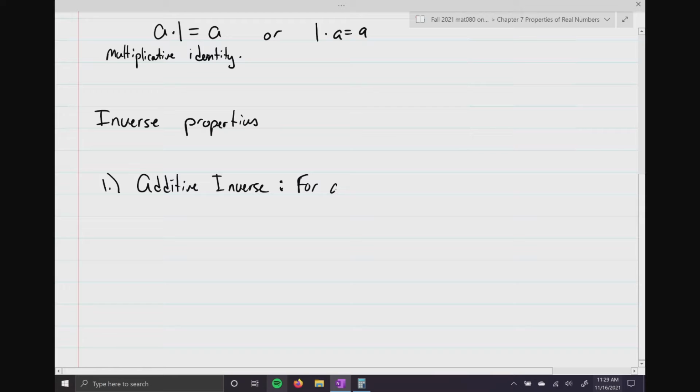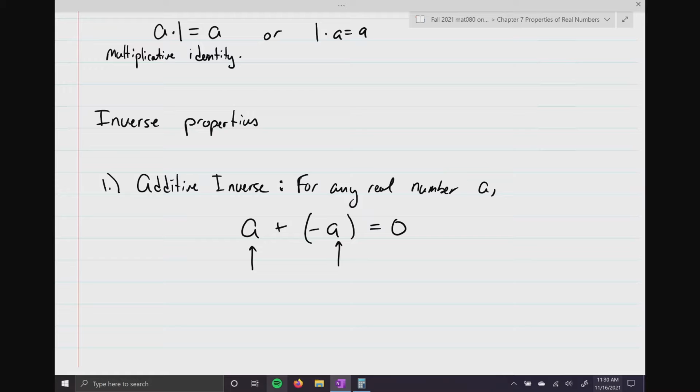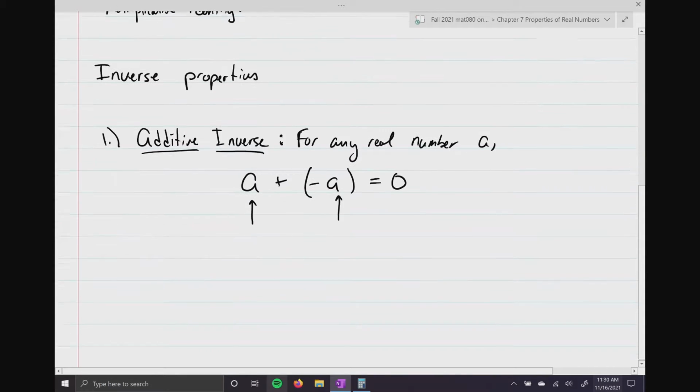So for any real number A, the additive inverse is going to be A plus negative A equals 0. In other words, the numbers are the exact same. They're just completely opposite signs. One is positive, one is negative. And the goal is to get to 0, okay? For the additive inverse.